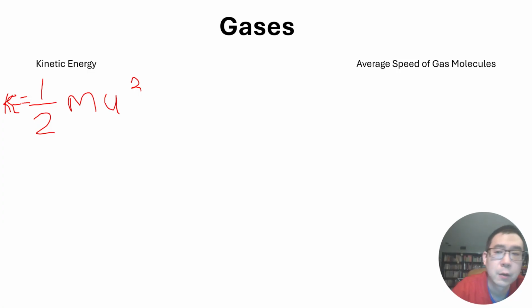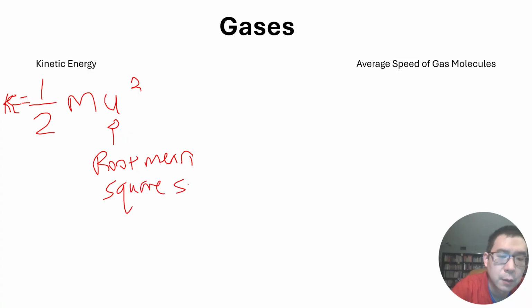And so we have 1/2 mass times velocity squared, and in chemistry, velocity is not typically written as v, but u. U is what's called the root mean square speed. Generally, the term that we'll use instead of root mean square speed is just the average speed.